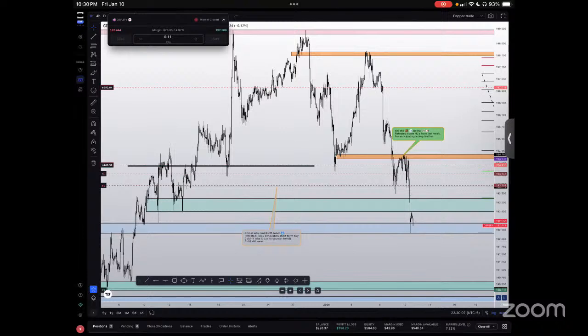So here's what I do. The daily and weekly shows me direction. Where are we going? Where did we come from? The hour and the 4 hour is my analysis and entry time frame.